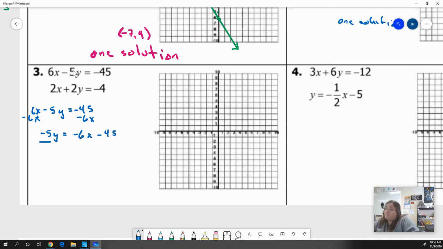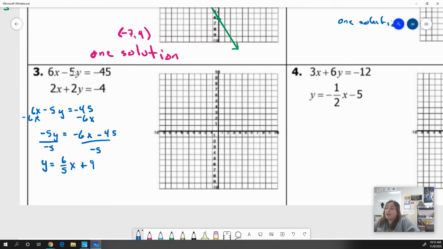I'm going to divide both sides by negative 5 because I can. And that is going to give me y equals 6 over 5x. It's negative 6 over negative 5, which gives me a positive. Then I have negative 45 divided by negative 5. Well, that's just plus 9.